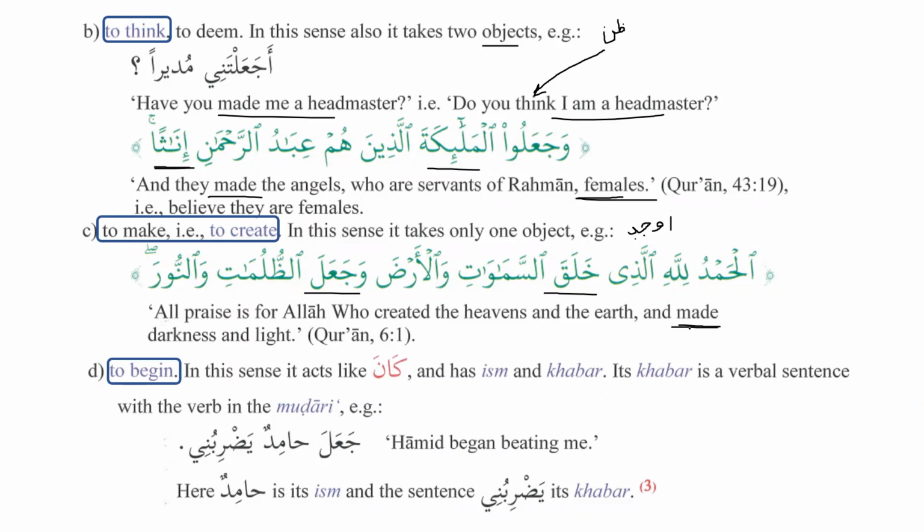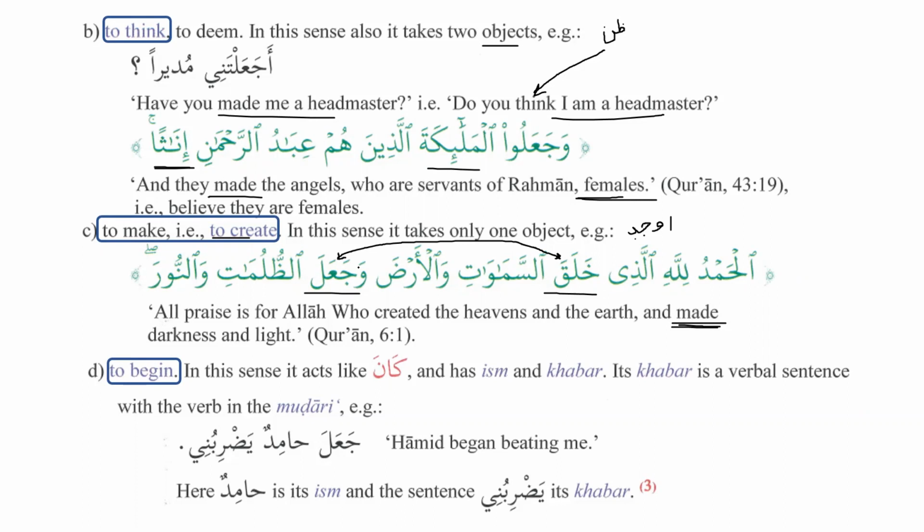And if you look at the translation, it is translated as made, but here it means to create something. So it's basically similar to khalaqa, but here the verb that is used in the Quran is ja'ala, and that is the beauty of Arabic. Another sense is to transform one thing to another.